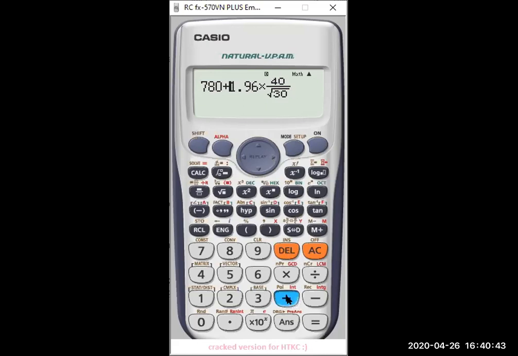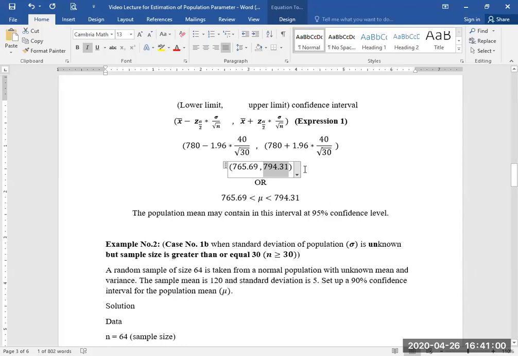Here we have to add the sampling error, which equals 794.31. I'm going to check the answer. I'm going to show the calculation of the first interval, then you will be able to calculate the values. Students, see, 794.31 is the value of the upper limit, and the lower limit was 765.69.